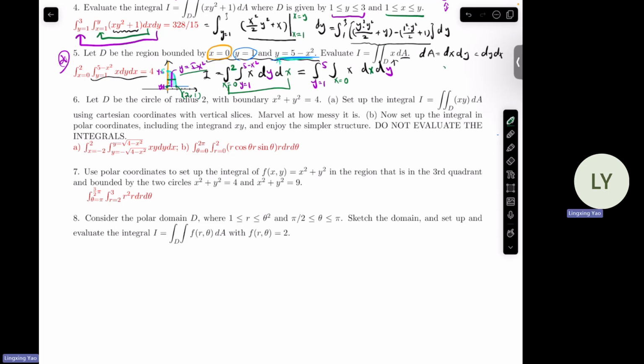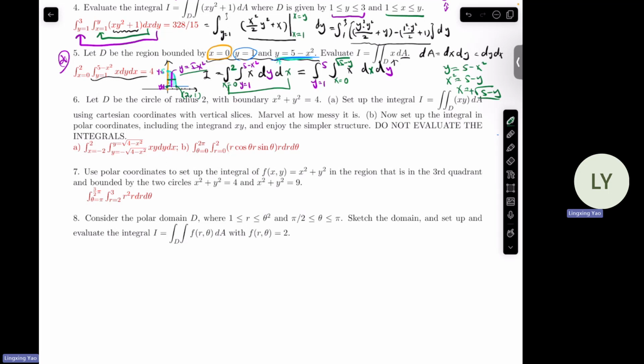So y equals 5 minus x squared, so x squared equals 5 minus y. So x equals square root of 5 minus y. There's a plus or minus. Obviously, here we want to choose the plus. So the right limit for x is indeed positive square root of 5 minus y.